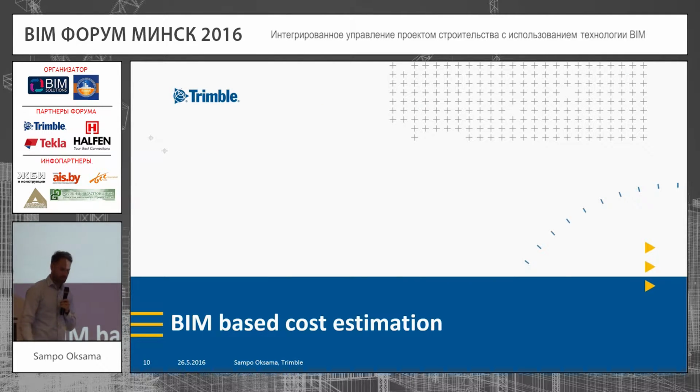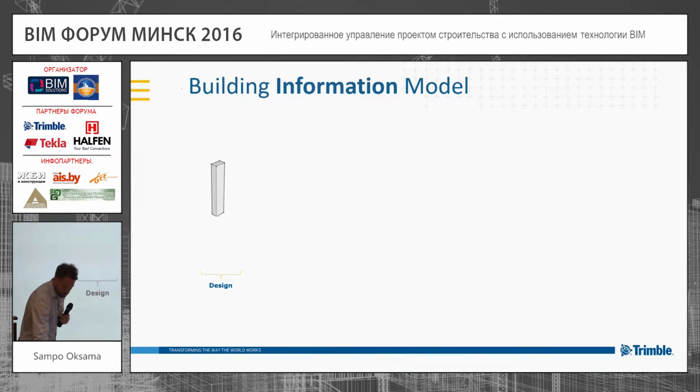Okay, let's continue with the cost estimation. So again, we showed in the fabrication phase that the most important thing is the 3D model, the BIM model, which will give you information that you can use for different purposes. In this case, we will get the quantities and then the costs from the model.